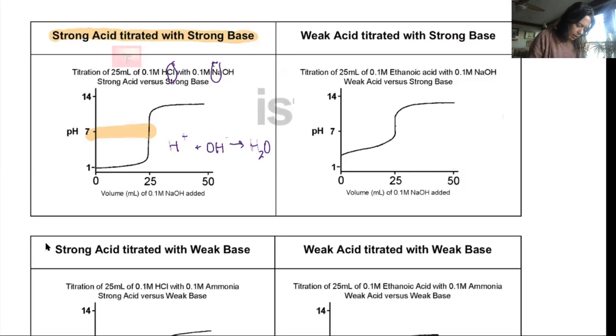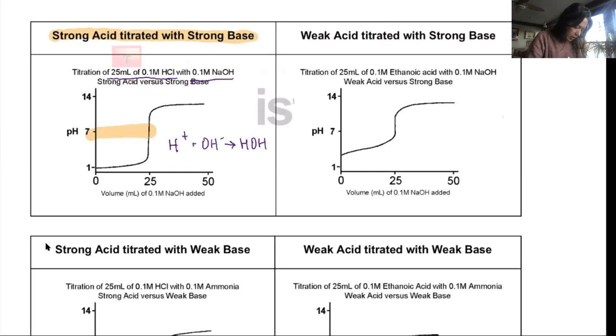What else could I infer from this? Titration of 25 milliliters of 0.1 molar HCl with 0.1 molar NaOH.